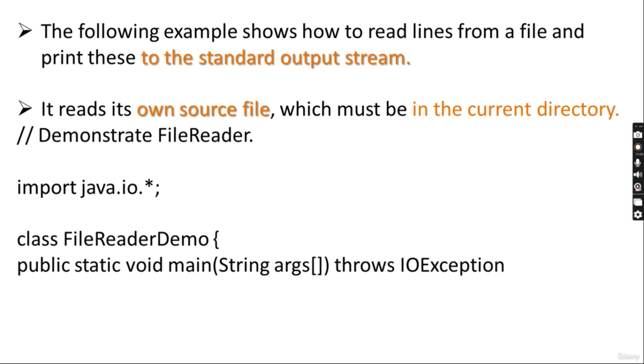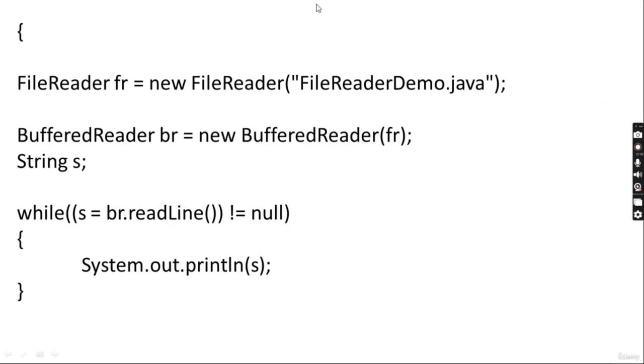It reads its own source file, which must be in the current directory. You should give the particular source file to be read from, and it should be residing in the current working directory. Now we will see that example. A FileReader object is created for FileReaderDemo.java. Then BufferedReader br is equal to new BufferedReader, and the FileReader object is passed over here.